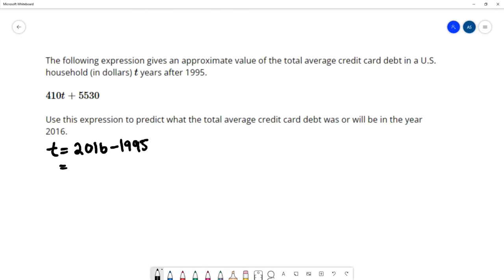So to figure out how many years since 1995, we're going to do 2016 minus 1995, and that's 21 years.